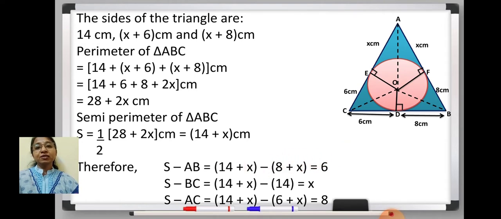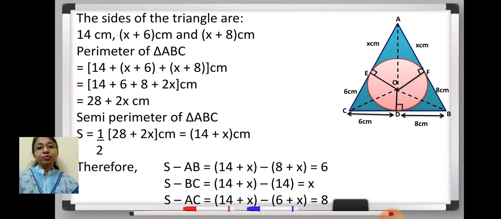Similarly S minus BC. S is 14 plus x minus BC. BC length is 14. So plus 14 and minus 14 will get cancelled. So S minus BC is simply x. And the third is S minus AC.